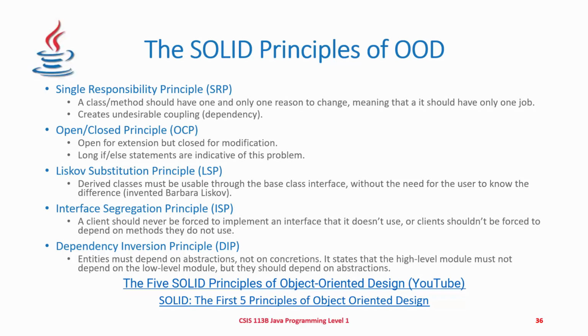So when we look at SRP, the single responsibility principle, it basically refers to the fact that a class or method should have one and only one reason to change, meaning that it should have only one job. If we don't follow this principle, it creates undesirable coupling or dependency. Think about when you're working in a large organization and writing classes and methods: other programmers in that organization will also be using your classes and methods.